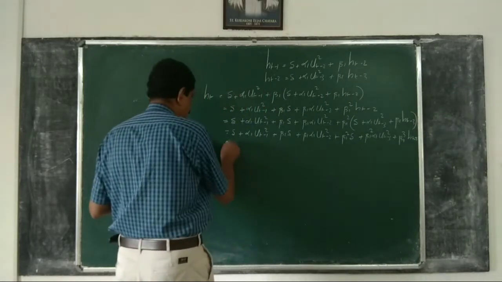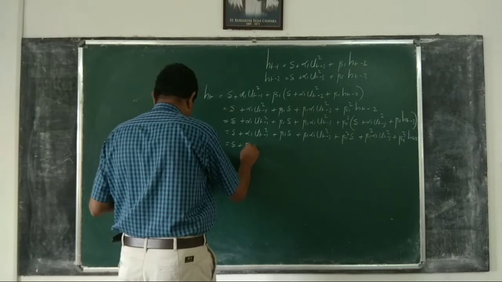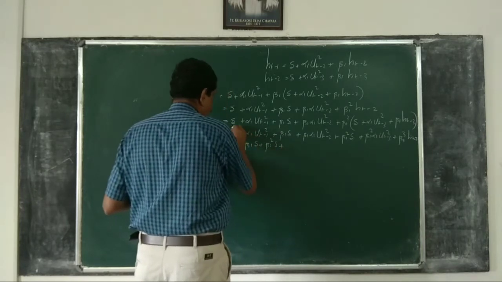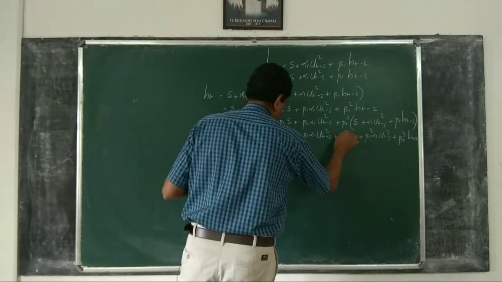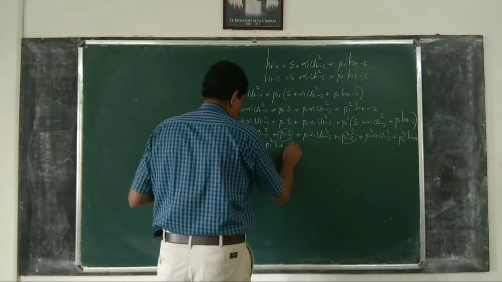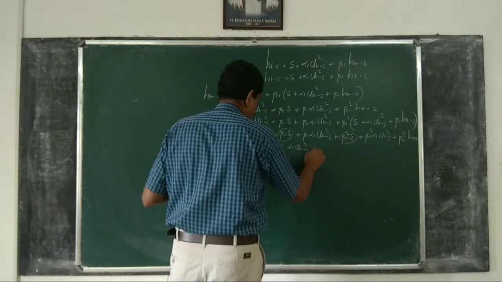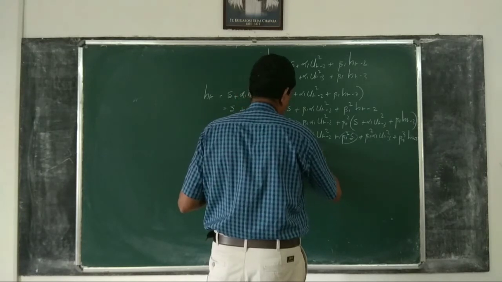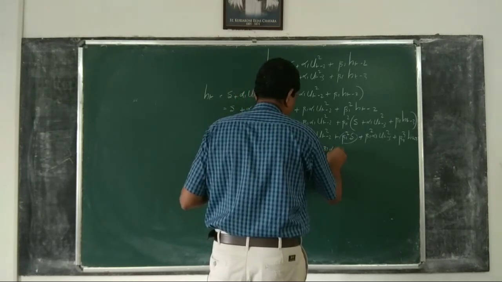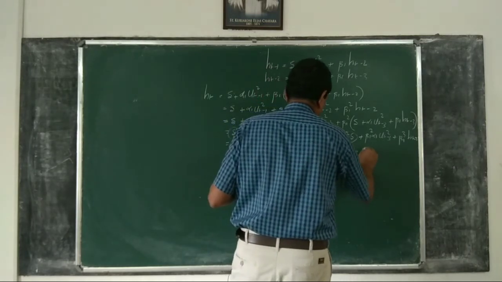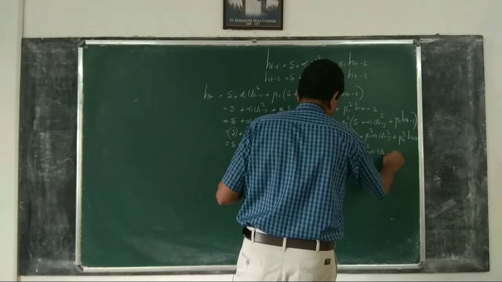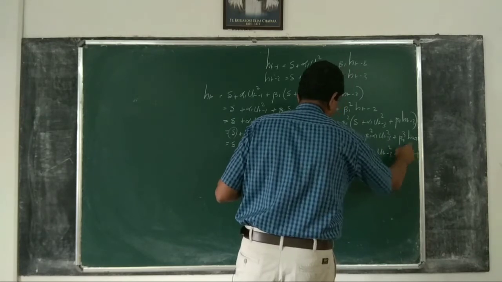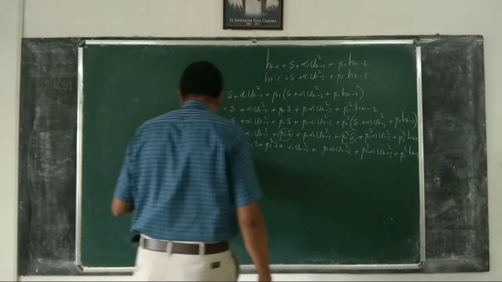And this can be written as delta plus beta 1 delta plus beta 1 squared delta plus alpha 1 u_{t-1} squared plus beta 1 alpha 1 u_{t-2} squared plus beta 1 squared alpha 1 u_{t-3} squared plus beta 1 cubed h_{t-3}, and substitute the value of h_{t-3} like that.